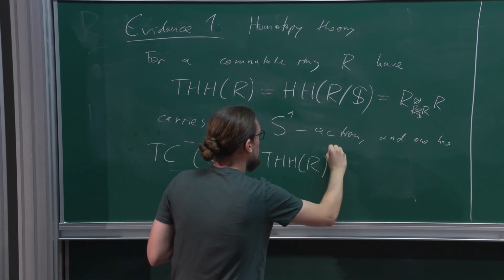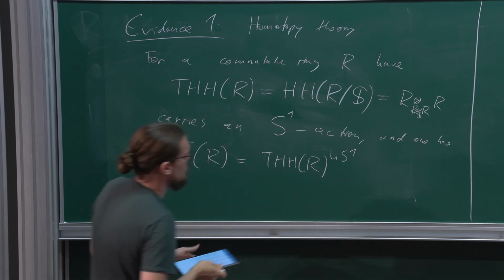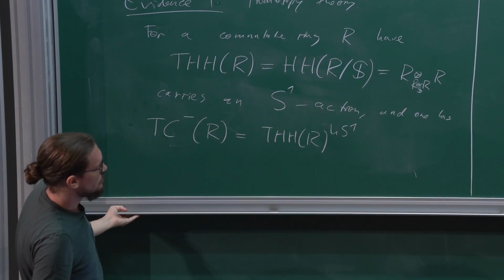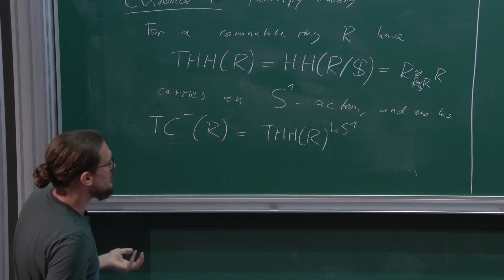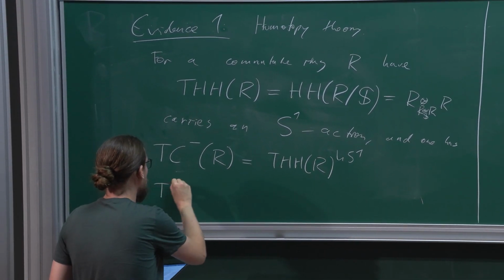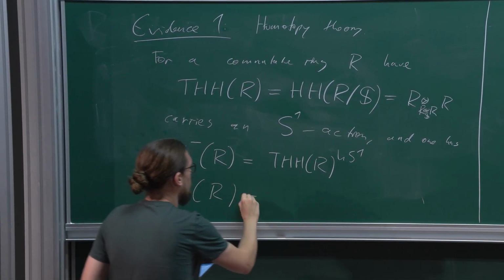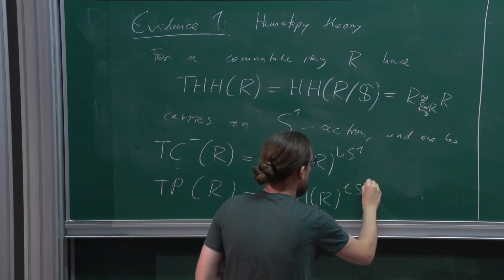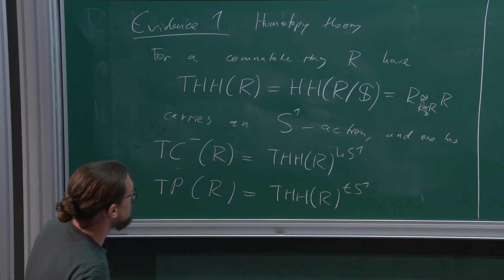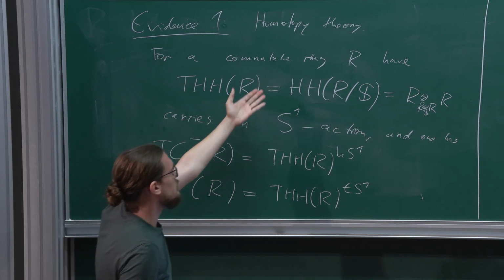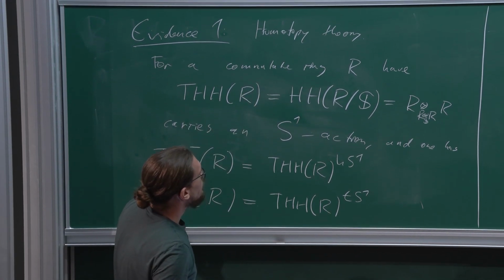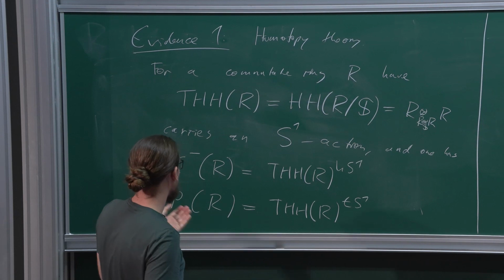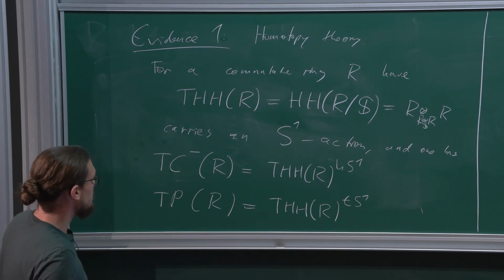So you can take just the homotopy fixed points of this S1 action. And you can also take the Tate construction. And these are like analogs of what people did in the setting of Hochschild homology with HC minus and HP. So they're called TC minus and TP.